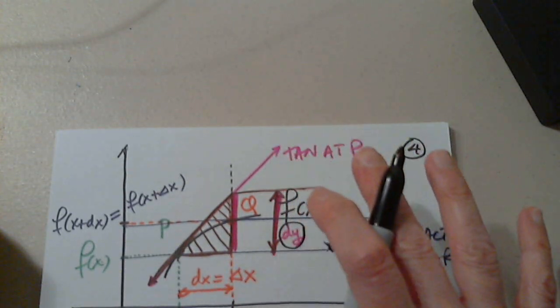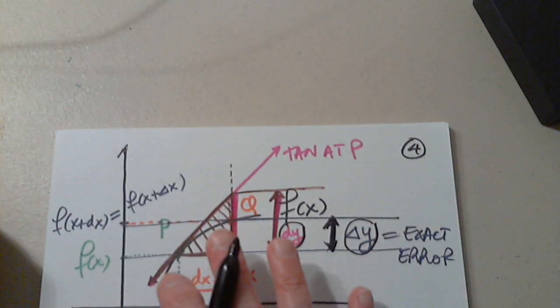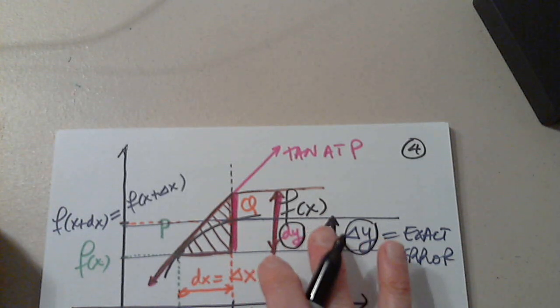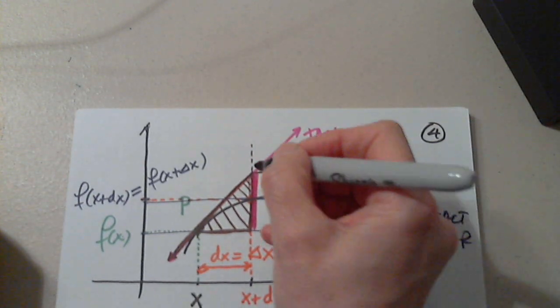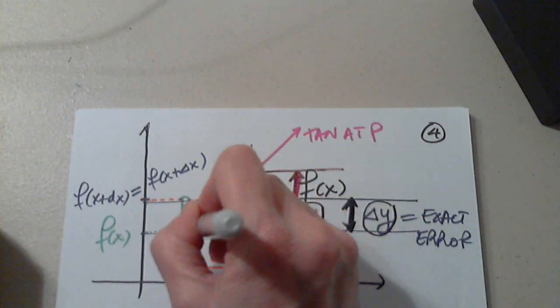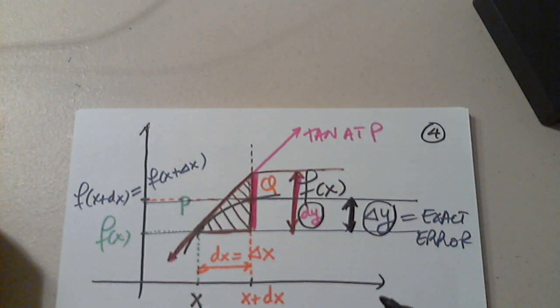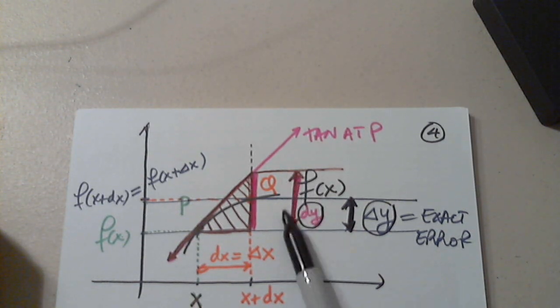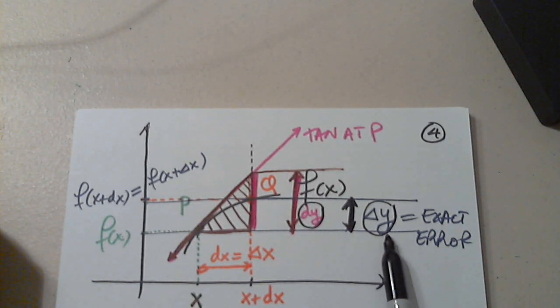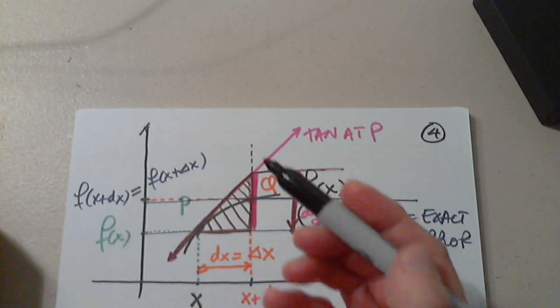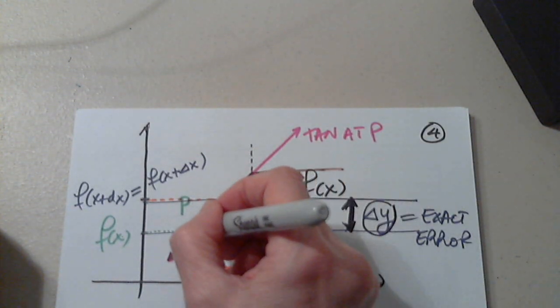But remember, what you see here is maybe confusing, maybe deceiving. Q is very, very close. You can say, wait a minute, the approximate is so much bigger than the exact error. No. Q is right here.